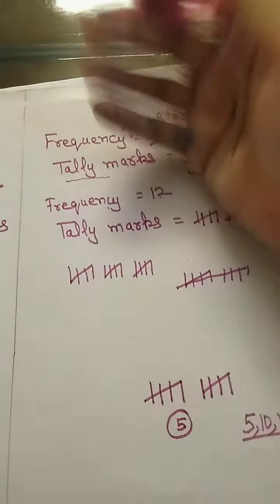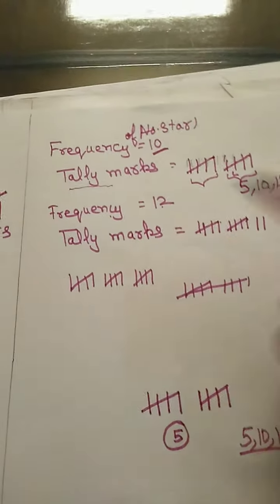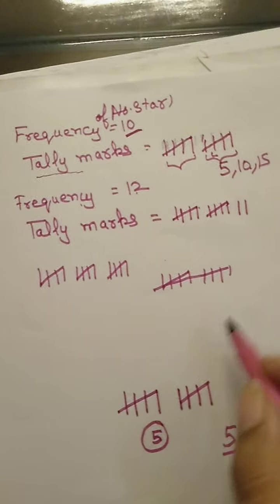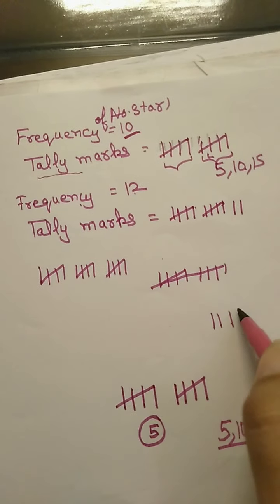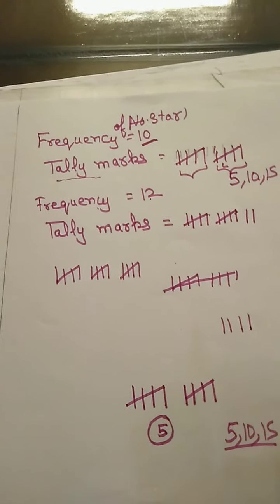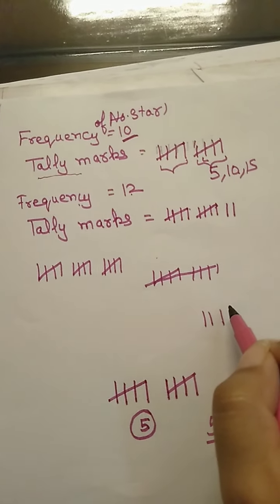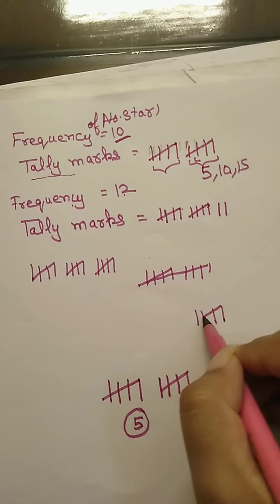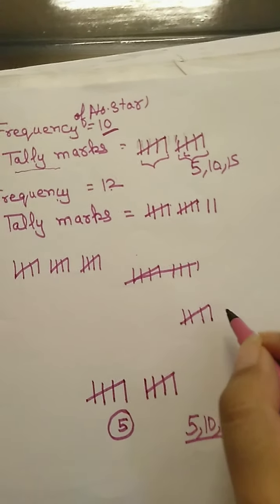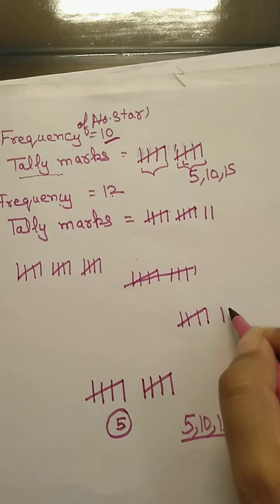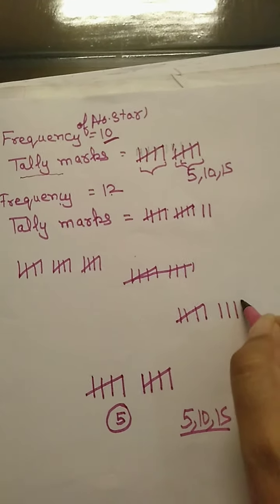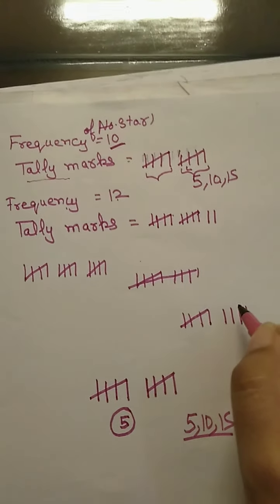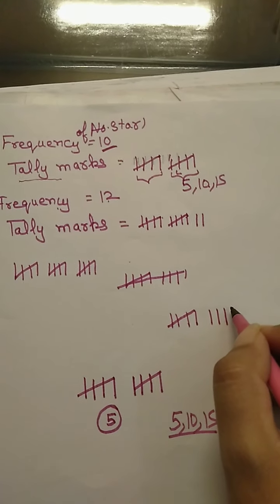Similarly, how can we write it if the frequency of some number is 12? 1, 2, 3, 4. We can't write 5 in the form of a line, so we will show the number 5 by cutting the 4 lines diagonally. So let us see 6, 7, 8, 9. Then 10 is a multiple of 5. How can we show the number 10?